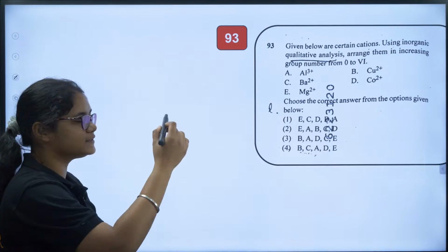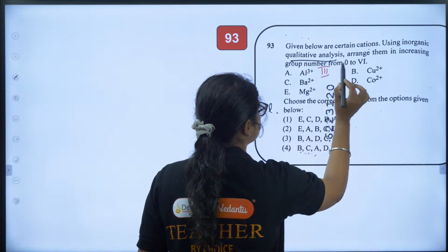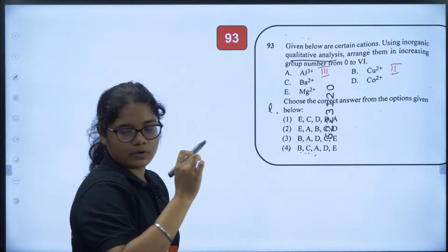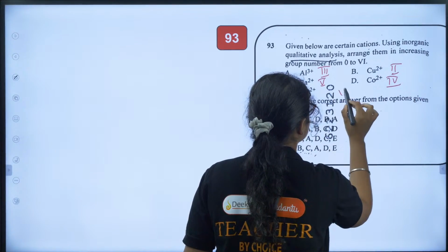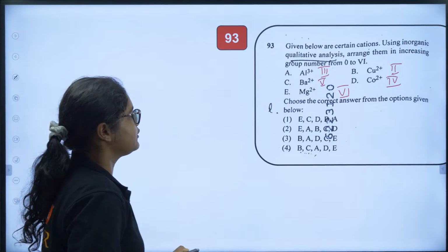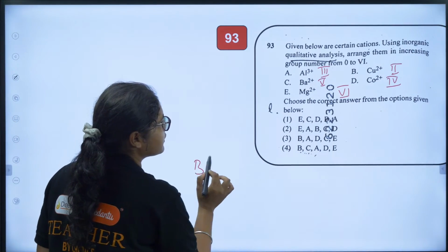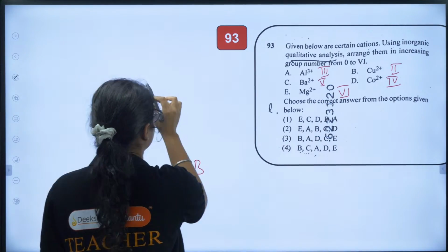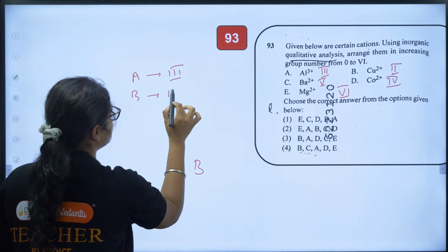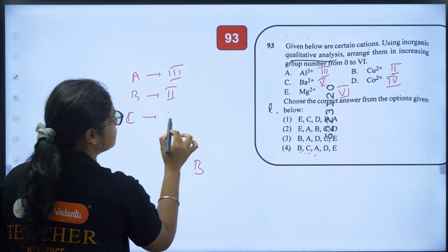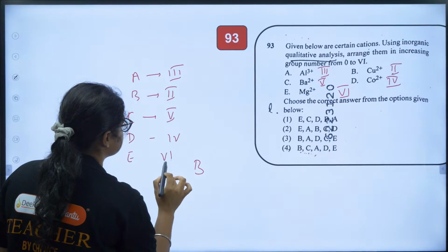So this is a question from your salt analysis. So aluminium belongs to group 3, right? Then we have group 2, then 5th group, 4th group, and then 6th group, right? So now if we try to arrange them, we can write here A is the third group and B is the 2nd, then C is the 5th group, D is the 4th group, and E is the 6th group, right?